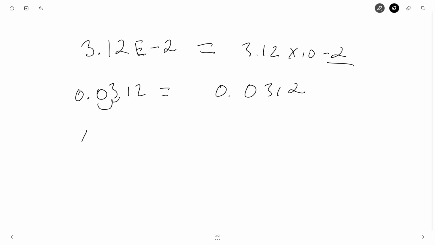Now the last thing would be 4.11 e to the fourth. So the floating point interpretation would be 4.11 times 10 to the fourth.